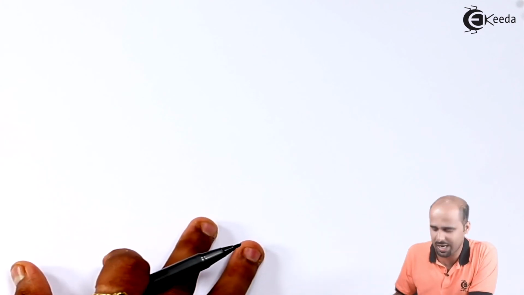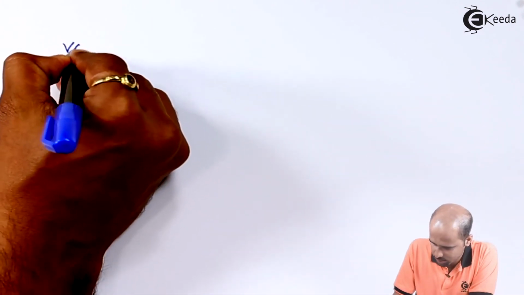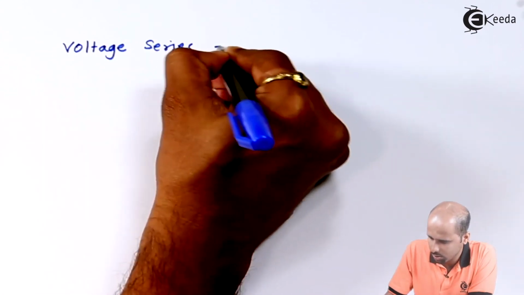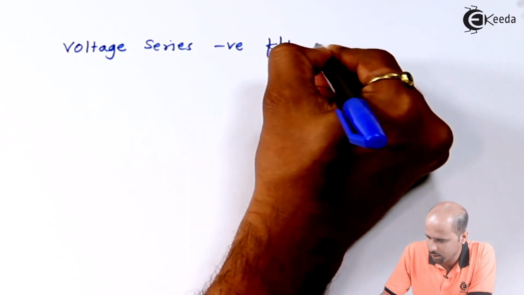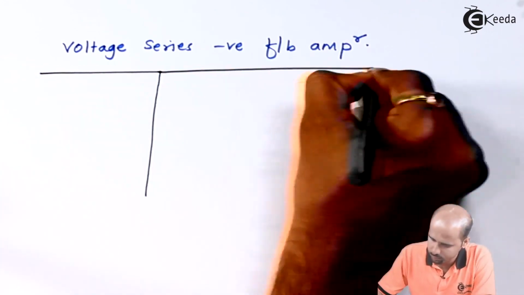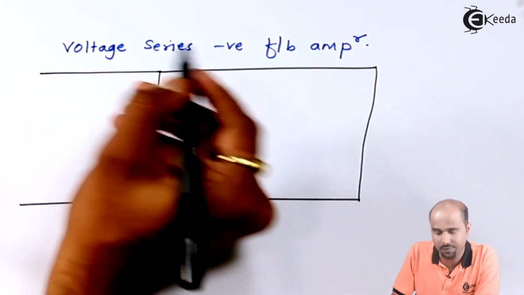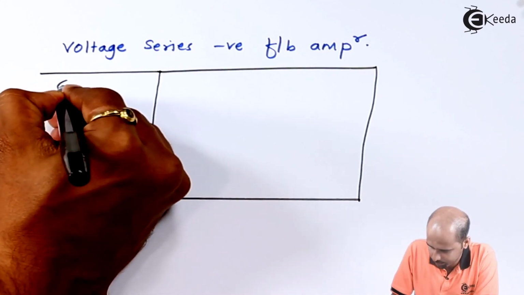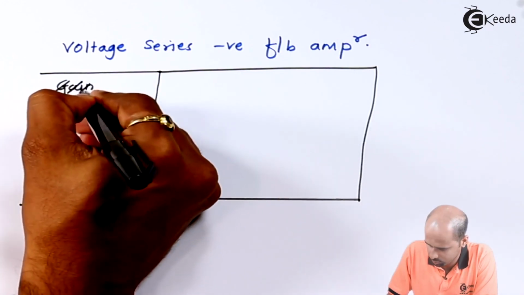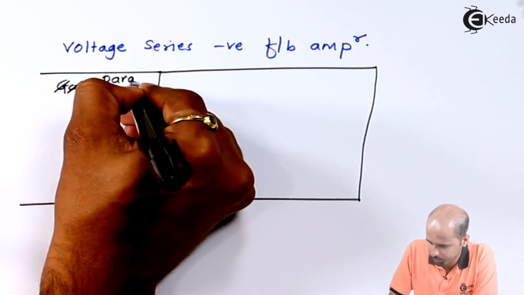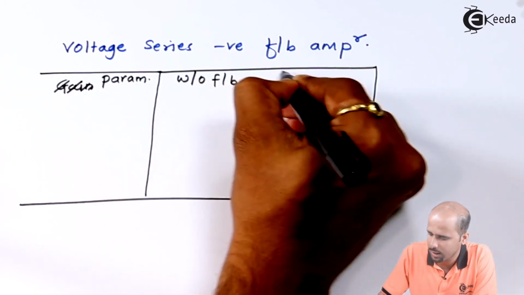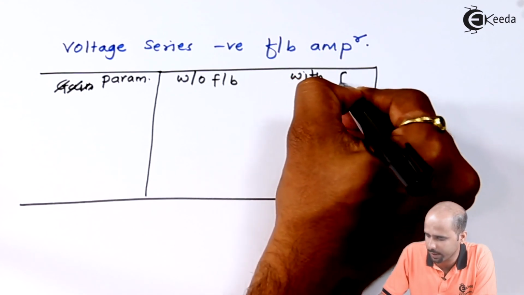Let's make a conclusion. We'll make a simple chart with the parameter, without feedback, and with feedback.